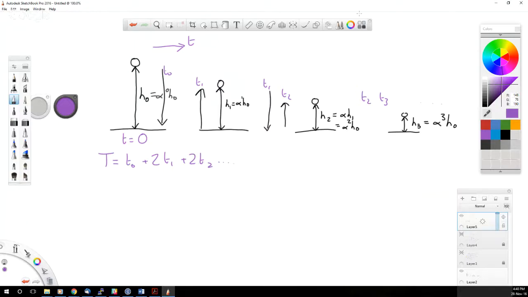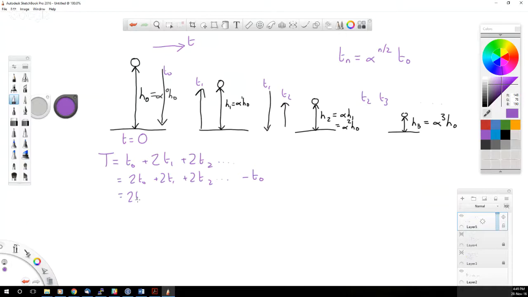And we've also just said that Tn is equal to alpha^(n/2) T0. So we can rewrite this as 2T0 plus 2T1 plus 2T2, and then a minus T0 at the end.